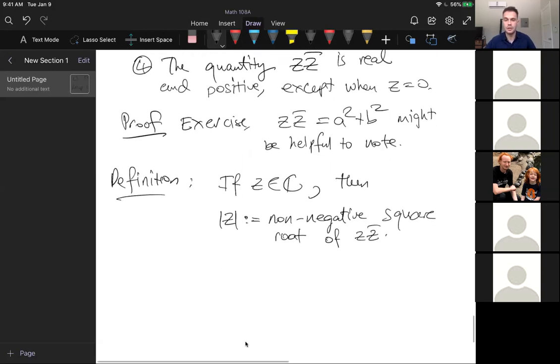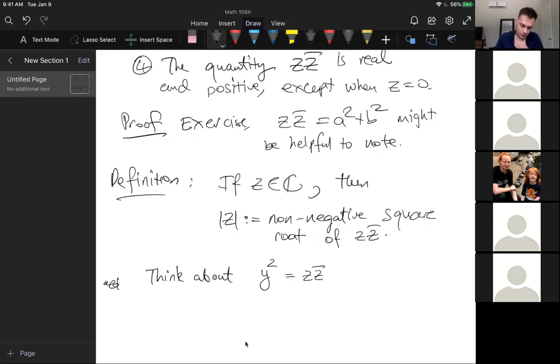This is a subtle point because, first of all, we've got to think about the equation y squared equals ZZ bar.